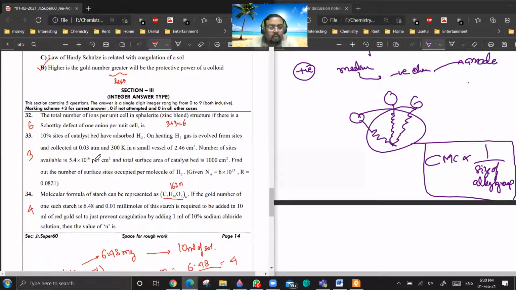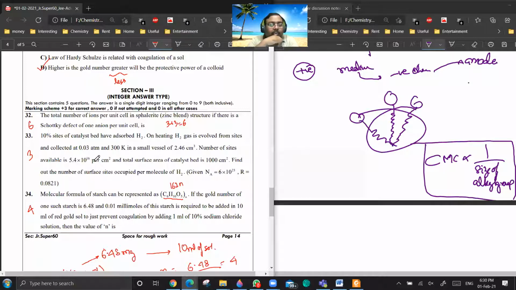So 32, 33, 34. 33, sir. Apart from 33, is 34 also a doubt? Yes, sir. Is 32 a doubt? Like with the conversions and calculations, I'm getting confused, sir.